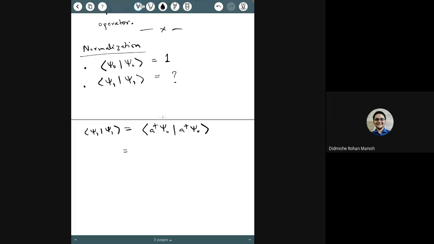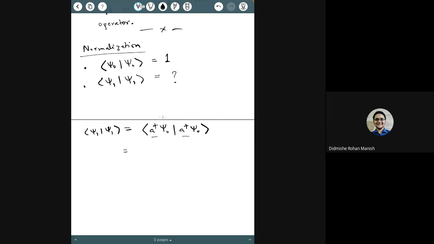Now whenever you have these sort of functions generated with operators, the idea is to get the psi zeros to the extreme left and right and have all the creation and annihilation operators as a string in the middle. And once you have it in a string, then you can simplify it, knowing the relations between these operators.